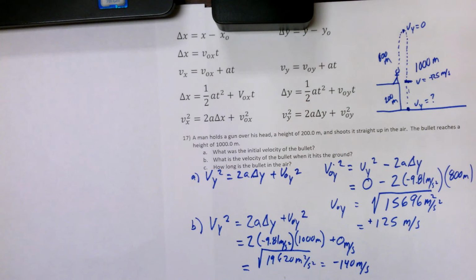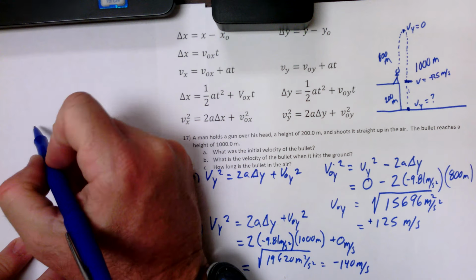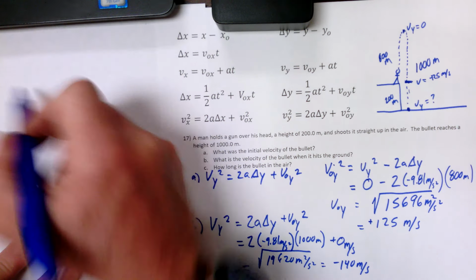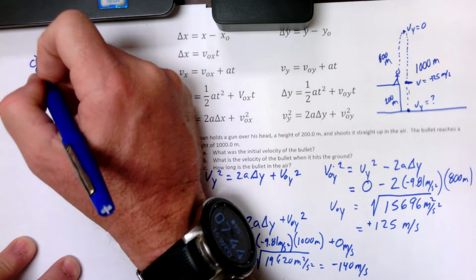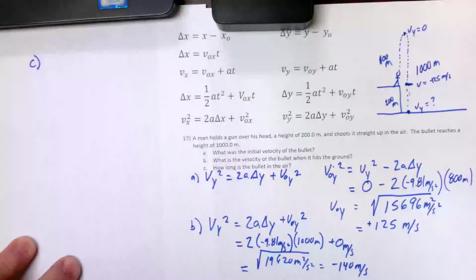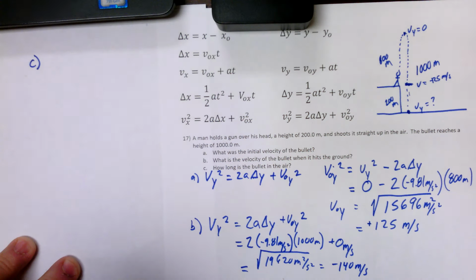Now for part C, how long is the bullet in the air? Now this is the same as the last problem, and so there's two different ways we can do it. We can work this doing the quadratic formula, where we use this formula here for C. Come up here. We're going to use, I'm sorry, we won't need the quadratic formula. Yeah, we will on this one.